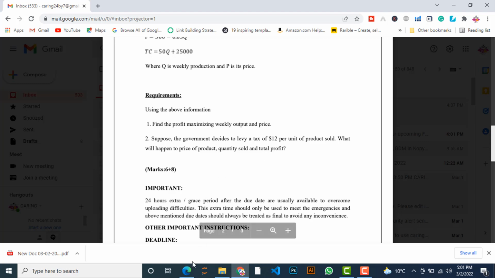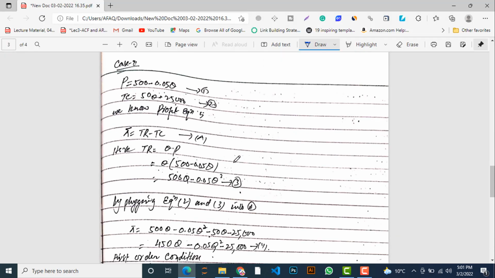So let's go back to our solution. This is case number 2, and these are the two functions of KFC that have been given to us. This is a price function and this is a total cost function. We have labeled them 1 and 2.